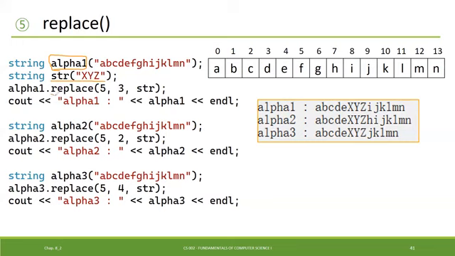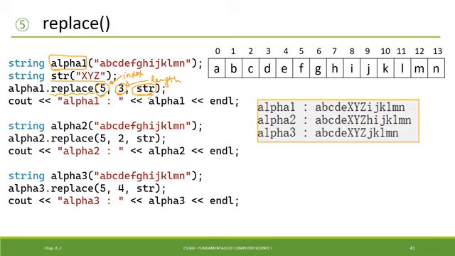Look at this one. Alpha 1 replace should have 3 arguments: 1, 2, 3. The first is the index, and the second number is a length. And you should provide one string to replace the old data.